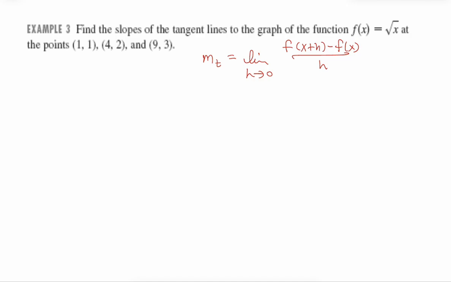Now, remember what we know. f of x is just the square root of x. f of x plus h is the square root of x plus h. Don't overthink that. You just plug in x plus h into the square root.